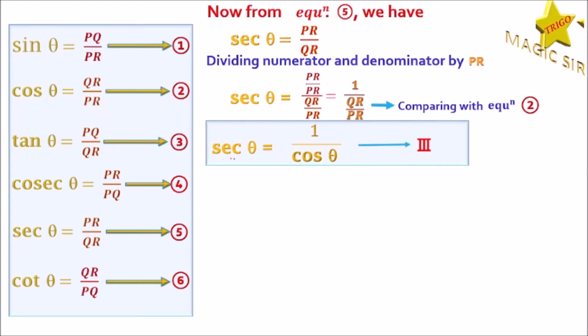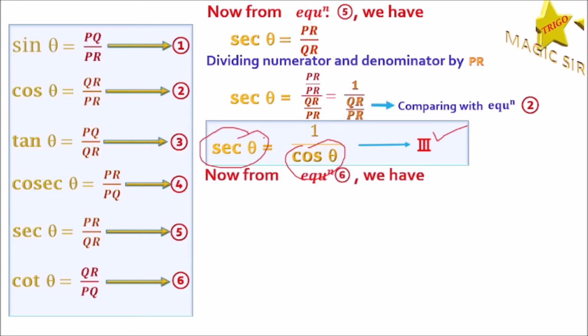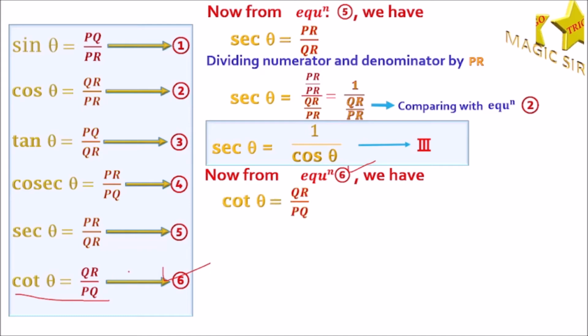Here we can see that sec theta is the reciprocal of cos theta. Similarly, we can say that cos theta is the reciprocal of sec theta. Now for equation 6, we have cot theta is equal to QR upon PQ.